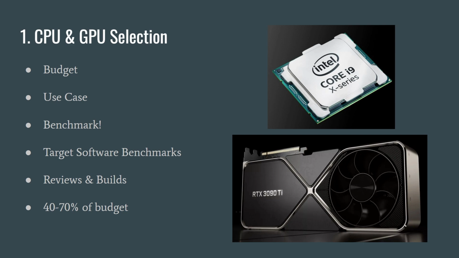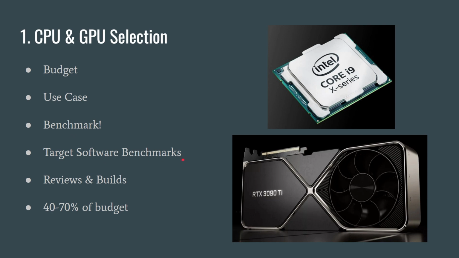So definitely look at the stats, compare them, and figure out which GPU or CPU you think is better. But at the end of the day, when you think you've found a good CPU, look it up on Tom's Hardware and PC Benchmark, compare it to your other options in the same price range, and then pick the optimal one, because the benchmark is the most important thing, especially if you can find target software benchmarks.